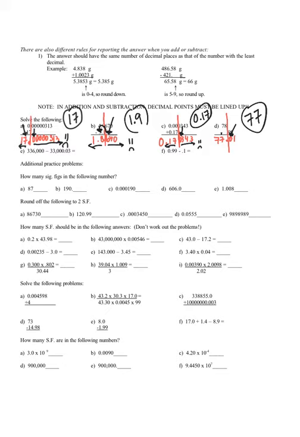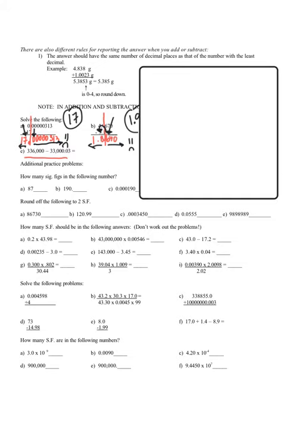When we're given a problem in which we don't have decimal points aligned, it can be helpful to line them up. In part E, we might rewrite that problem as follows. 336,000 minus 33,000.03. In this problem, we have, again, no decimal point after our topmost measured quantity, only at the bottom.